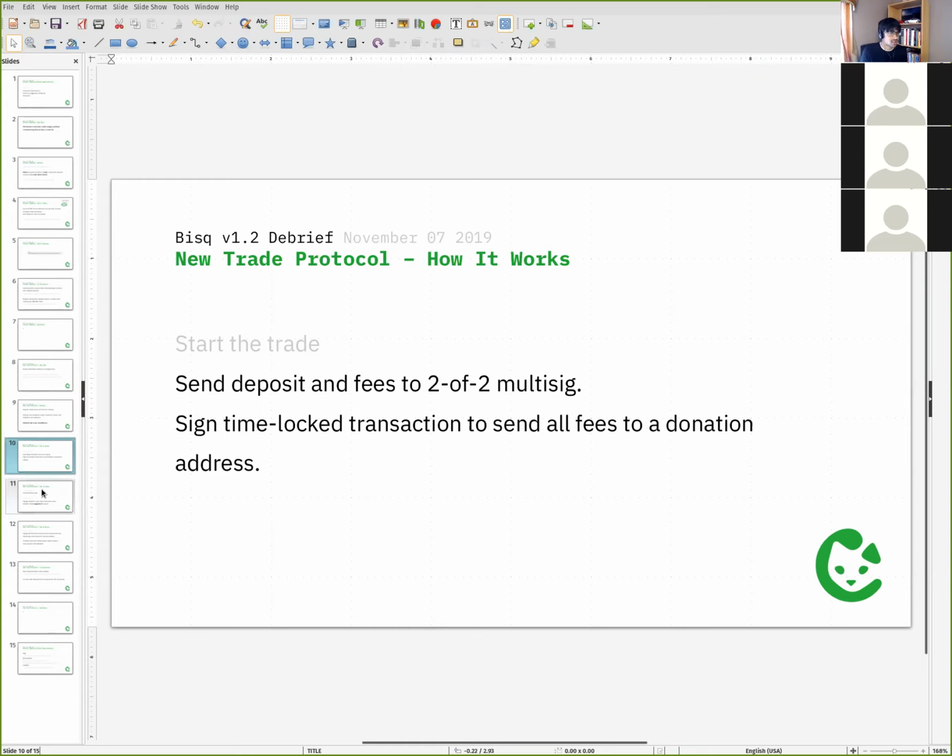More details on the donation address are in the documentation. Essentially, you can think of it as a way to confiscate all the funds of both parties in order to encourage resolution beforehand. We'll talk about why that's important in a second.